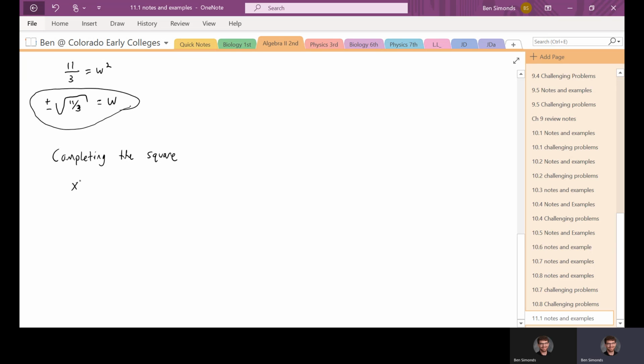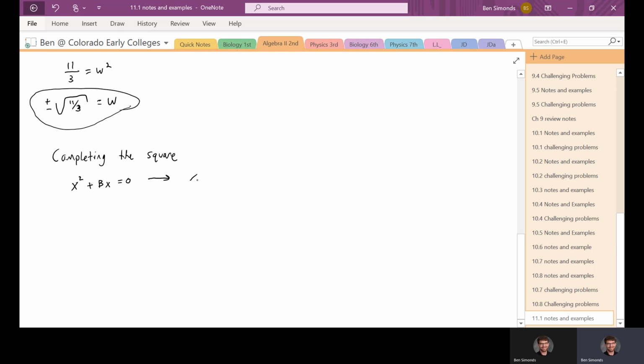What we want to do is trick it into being a perfect square, and let's say this equals 0.